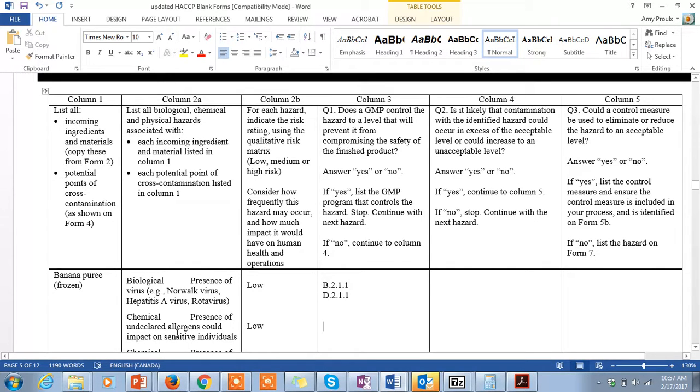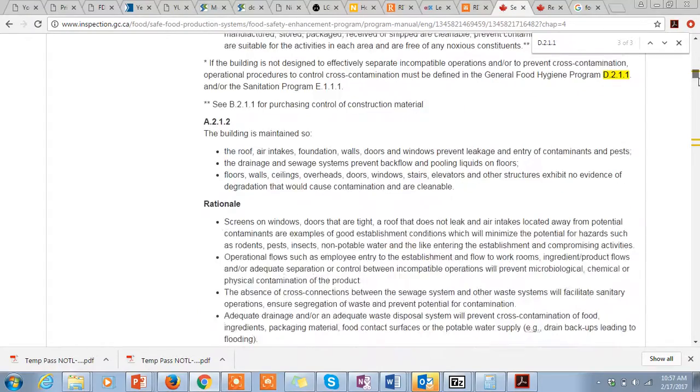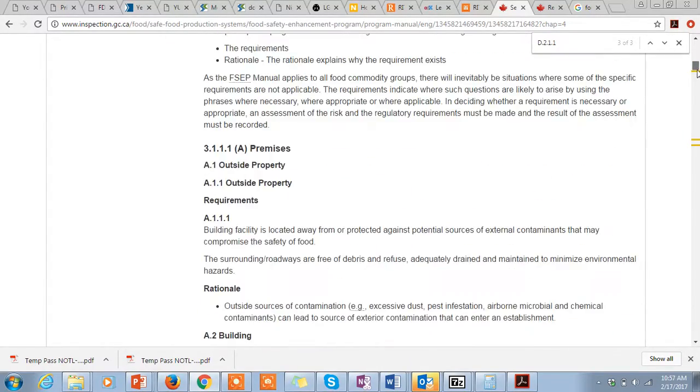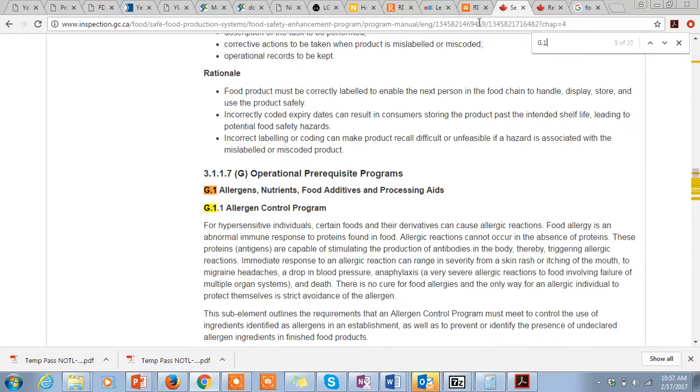So now we're at the chemical: undeclared allergens impacting on sensitive individuals. So going to the HACCP program, do you remember which section is allergens? Well, that's going to be your G program. So allergen control program is G11. And let's just go in and dig into each of those elements.